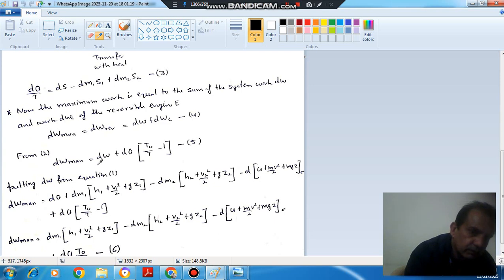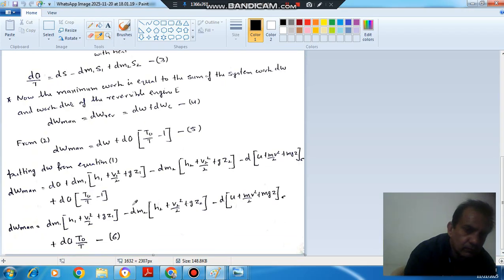So dW max will be your dQ plus energy entering minus energy leaving plus change in energy of control volume plus this term. If we further solve it, we will get energy entering, this part minus this part minus this part, and this part is being solved, that is dQ by T into T. Now dQ by T we can put this value.